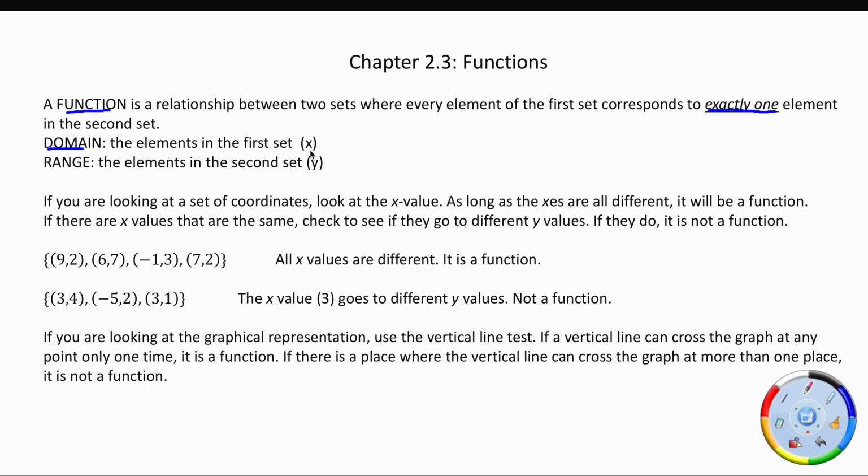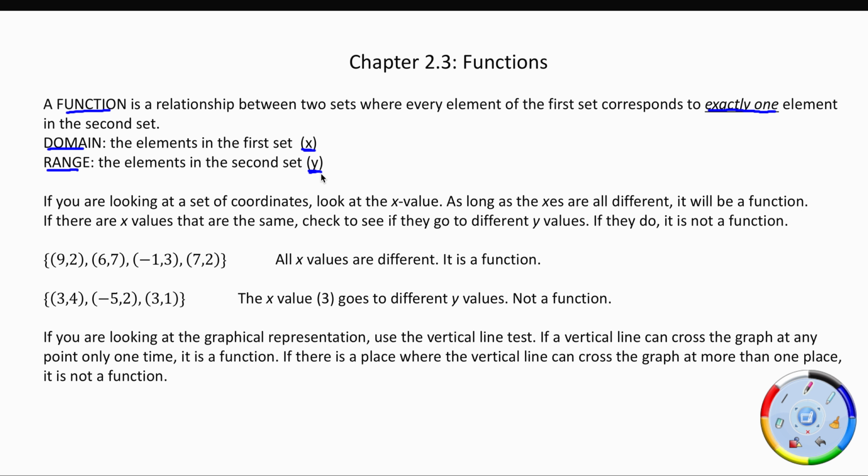We're going to have x's and y's, but specifically the elements in the first set. And the range is what we call the elements in the second set; for our purposes, y. So domain, x; range, y. When you're asked about the domain, you're always thinking, oh, x's. What is it possible for x to be or not to be?